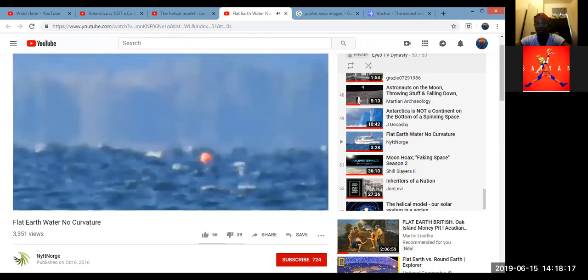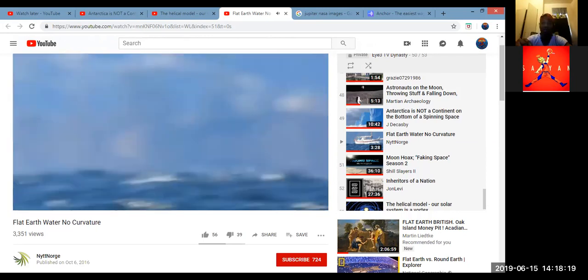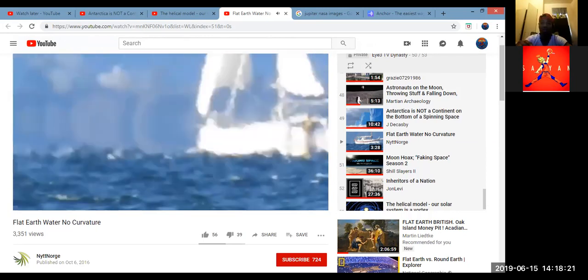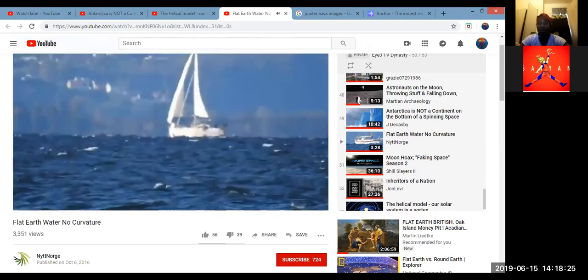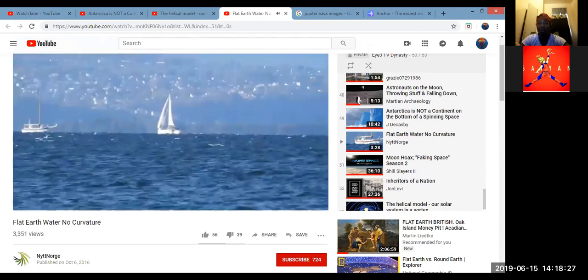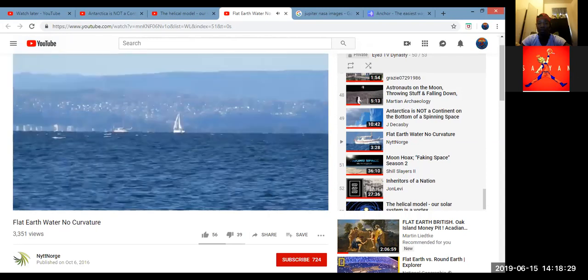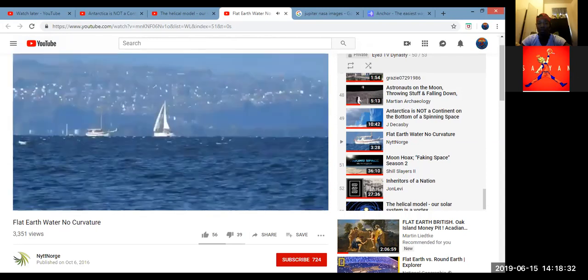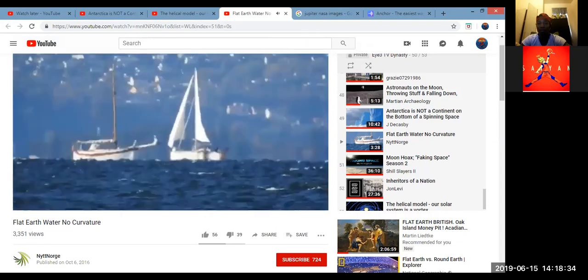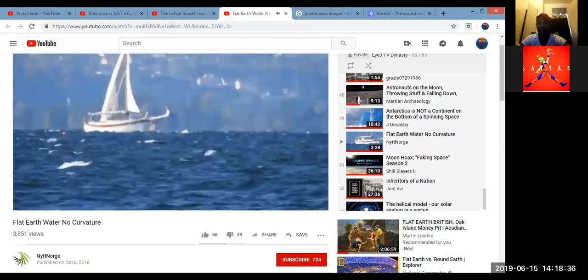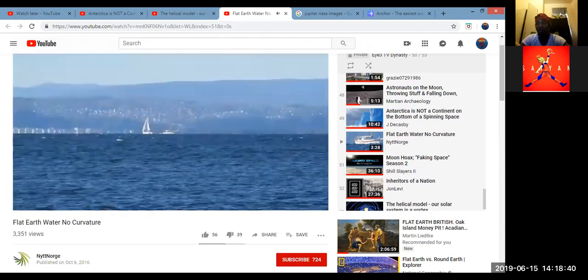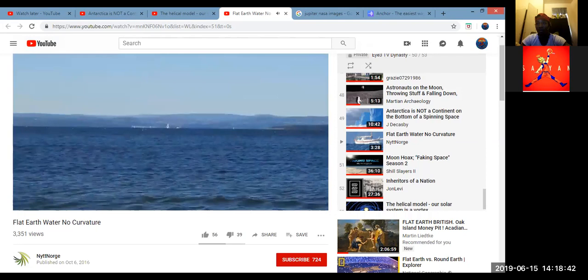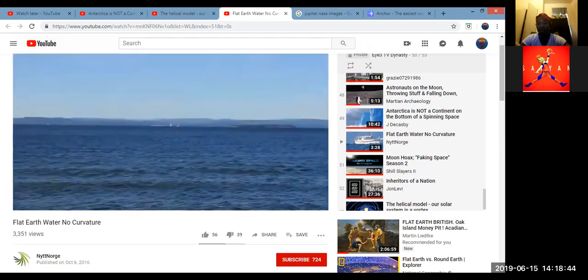It's on the surface of the water, 0.5 meters tall, fully visible, should be behind the curve. No visible curvature on any of those boats. This is the previous boat passing by. When you zoom out, you could barely see them, but now we have technology.